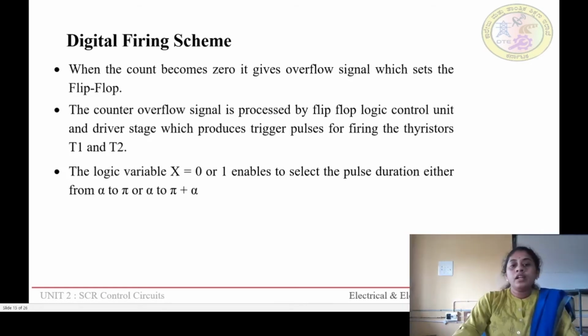We saw that the logical control block had additional inputs, A bar and X. The input X decides the duration of the pulse, whether the pulse duration should be alpha to pi or alpha to pi plus alpha.